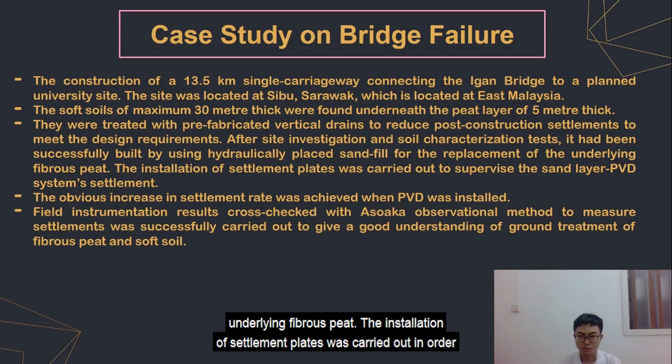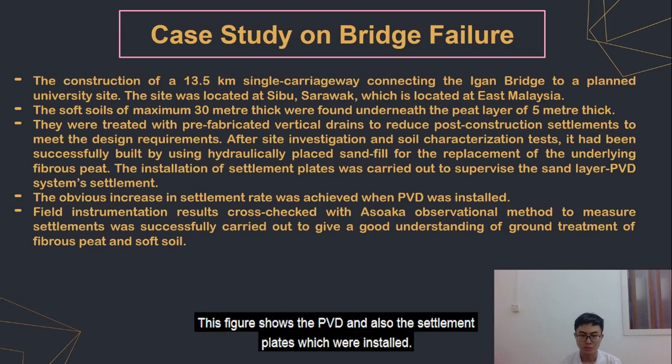The installation of settlement plates was carried out to supervise the sand layer and PVD system settlements. Based on the information, an obvious increase in settlement rate was achieved when PVD was installed. Field instrumentation results cross-checked with the Asaoka observational method to measure settlements were successfully carried out to give a good understanding of ground treatment of fibrous peat and soft soil.